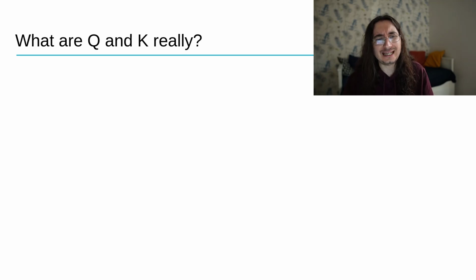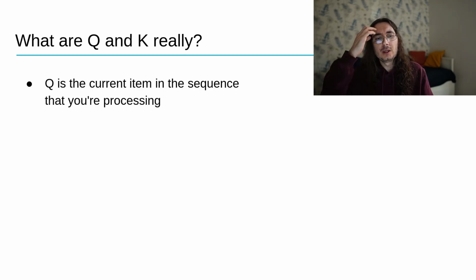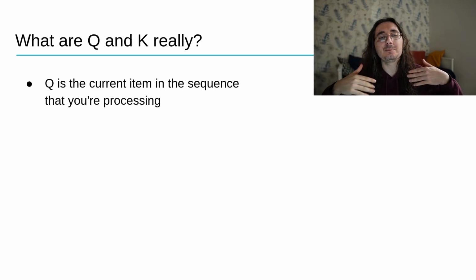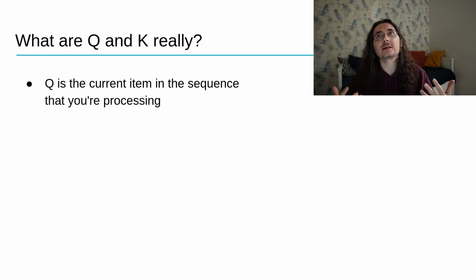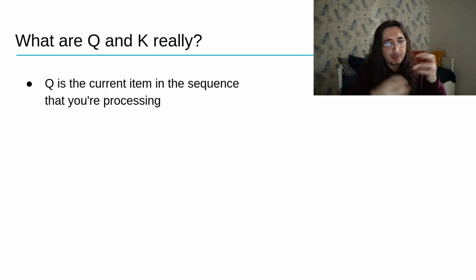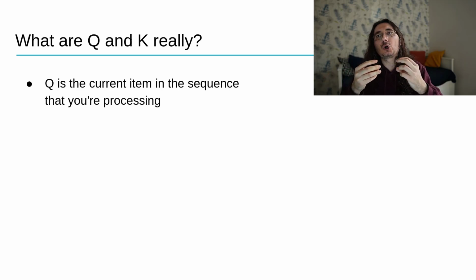So what are Q and K really? Well, we can think of Q as the current item in the sequence that you are processing. This is something that happens all the time in NLP. You would process a sequence item by item, and you would call the item that you are processing the query. And let's assume you are the query.